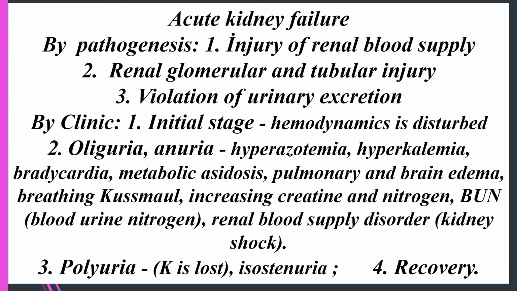Acute renal failure by pathogenesis has several stages. For example, injury of renal blood supply, renal glomerular and tubular injury, and finally disorders of urinary excretion. The clinical course has several types.